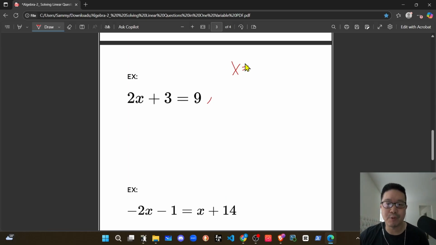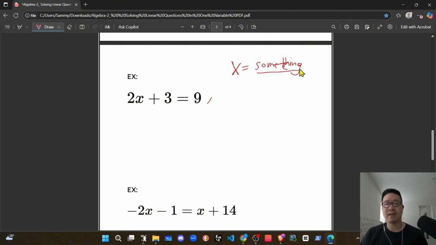So what you end up with is x equals something. We don't know what that thing is, but we're going to figure it out. So this is the situation you want. You want to manipulate this linear equation so that you have x on one side and our answer on the other side of the equal sign.